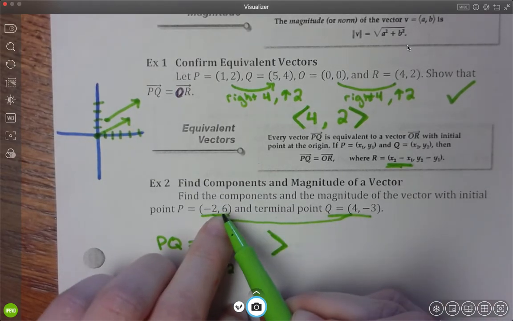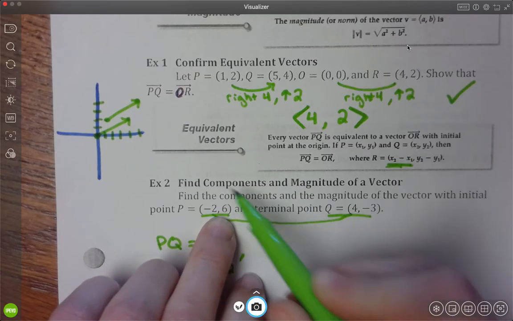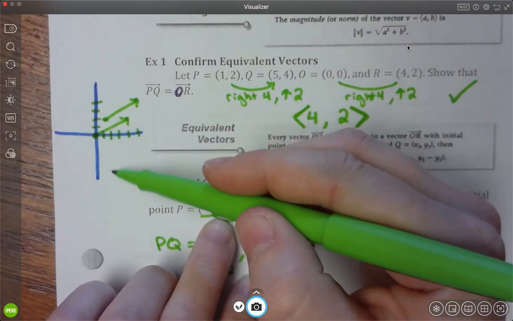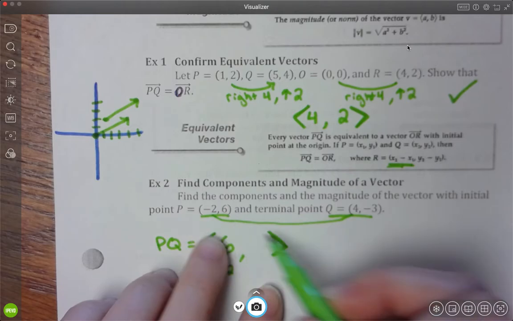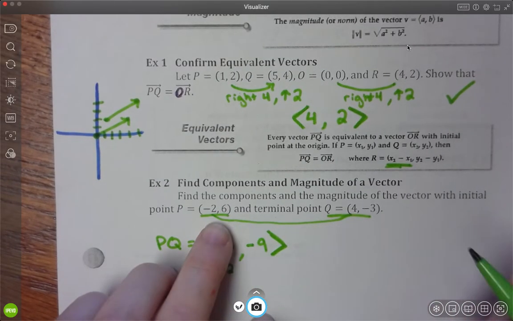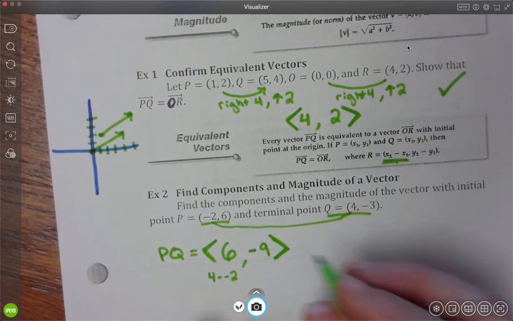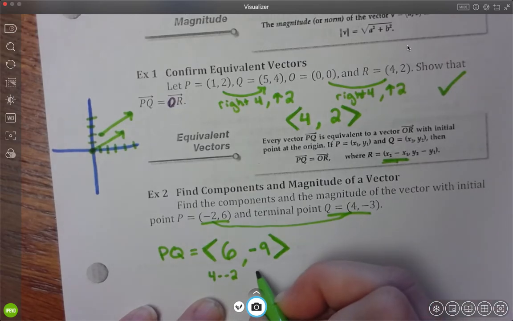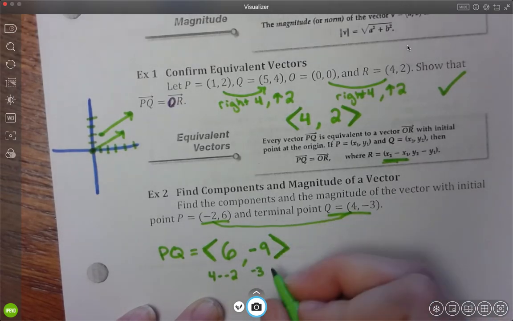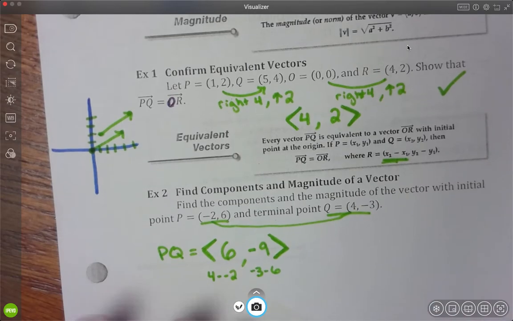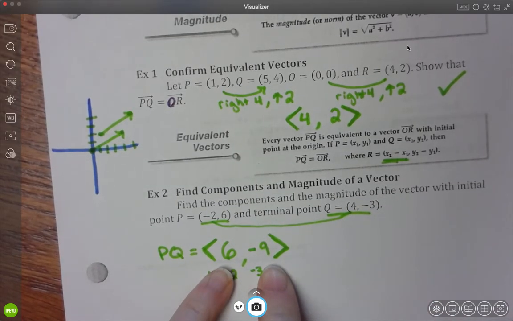And then going from 6 all the way up here to a -3 down here, we are subtracting 9, right? 6 to -3 is -9. That means we're going down 9, okay? Or if you need to do the math, you can do -3 minus 6, which gives you a -9. This is going to be your component form, 6, -9. So that means I'm going to the right 6, but I'm going down 9 for my vector, okay?